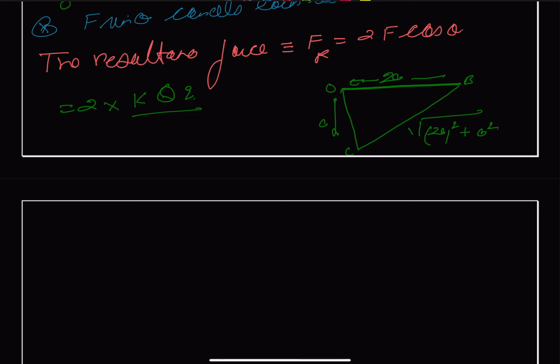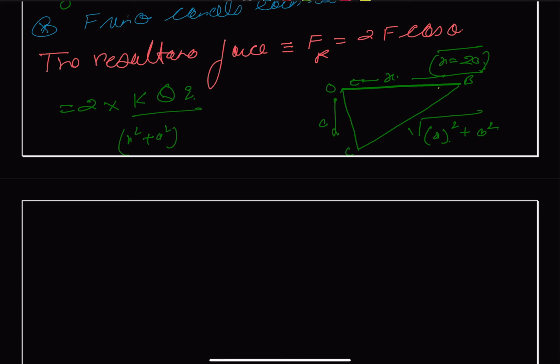And for the sake of convenience, let us say this 2A is equal to X. It will be much more convenient. Let us call this X, and this will also be X, where this X is equal to 2A. So the distance square gives us X square plus A square, and we have cos of theta.